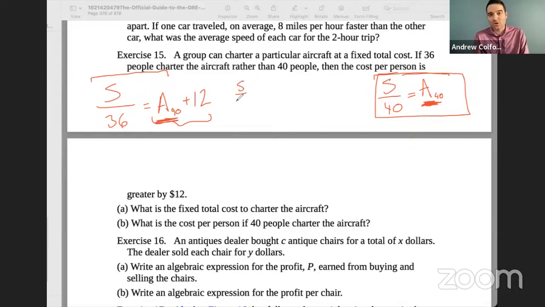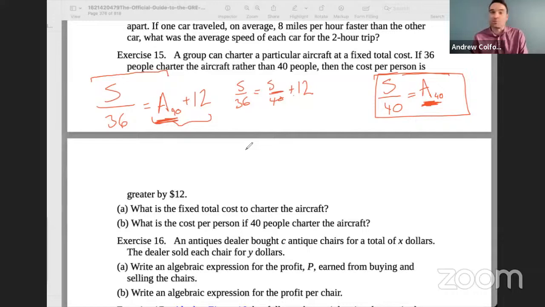What I get is S over 36 is equal to S over 40 plus 12. Sorry, this pen has a mind of its own. And now I can solve for S, right?